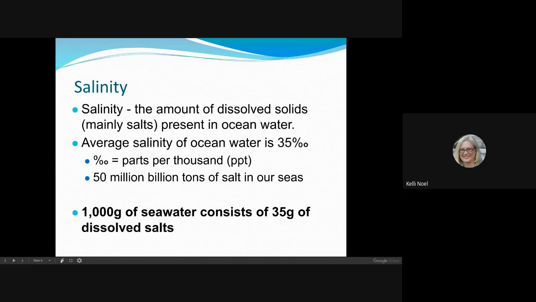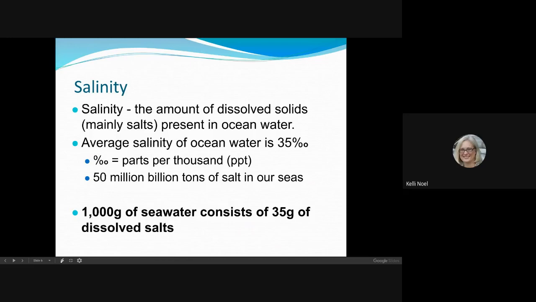And it's mainly salts that you find in ocean water. So salinity is a property of ocean water, and we can measure it. About 35 parts per thousand of the ocean water is your salinity.